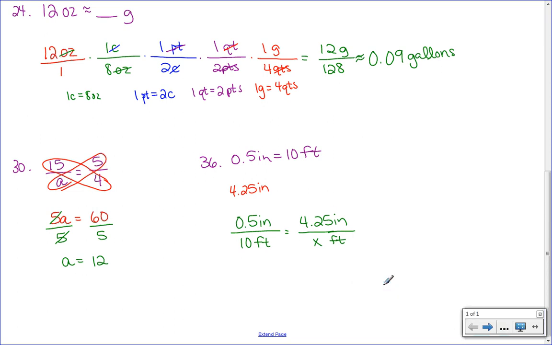Okay, and now we just have a proportion, so we can use cross products to solve. So here we have 0.5 times x, or just 0.5x. And here we have 4.25 times 10. And when we multiply those, it's 42.5.